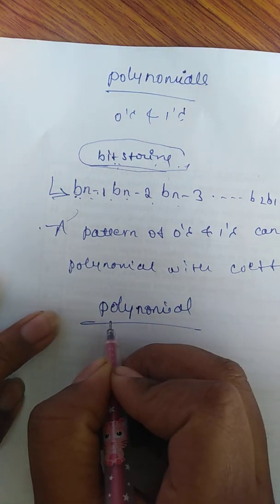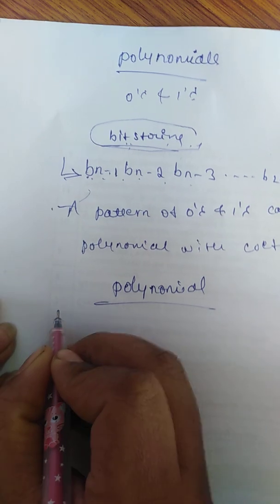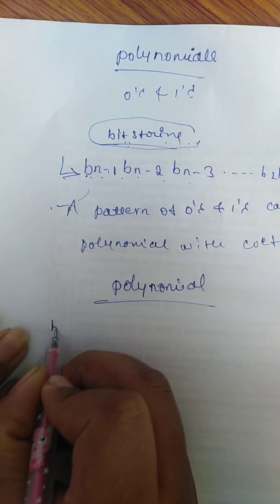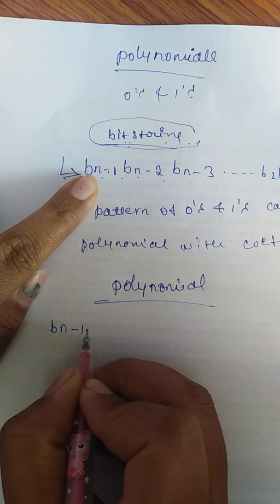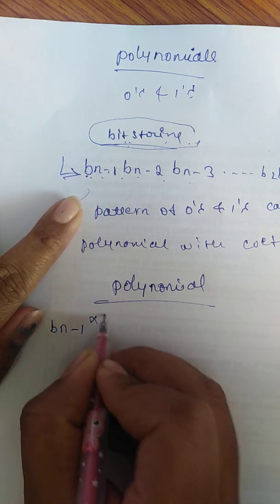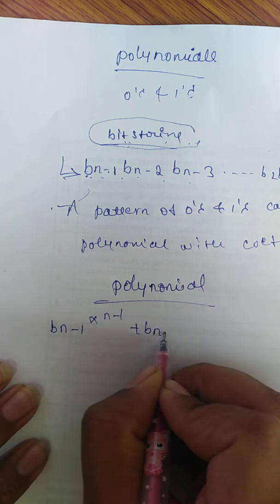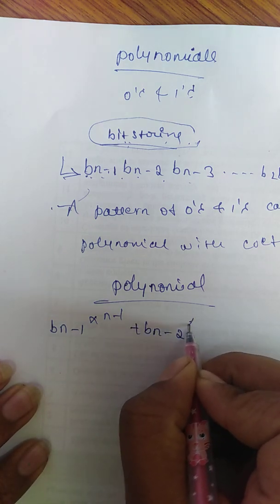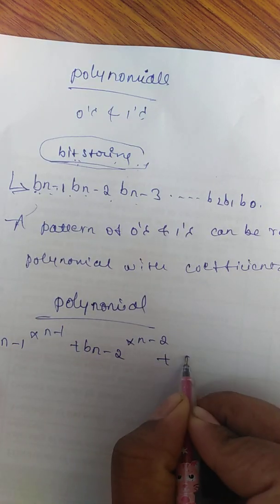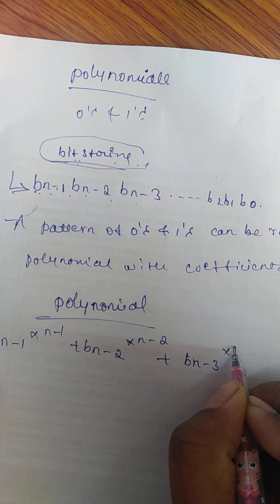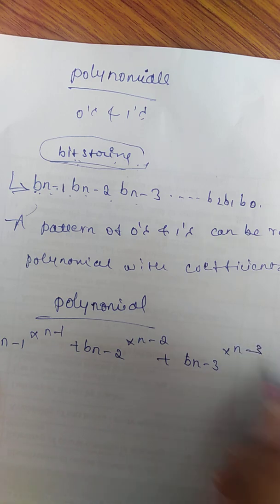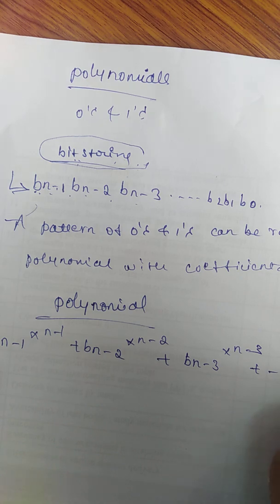This is the polynomial formula: b n-1 x to the power of n-1, plus b n-2 x to the power of n-2, plus b n-3 x to the power of n-3, and so on, up to b2 x squared, plus b1 x, plus b0.